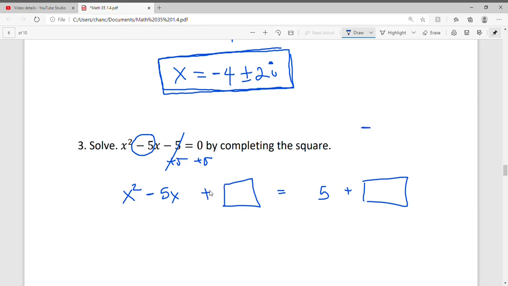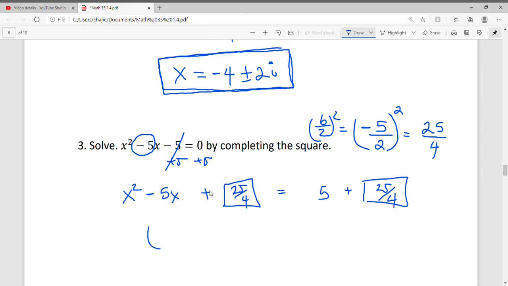So negative 5 divided by 2. Again, we're using b over 2 squared. Negative 5 divided by 2 squared is 25 divided by 4. We square the top, we square the bottom, we get 25 over 4. Unfortunately, you get a fraction. But that's okay, we can still use the fraction.